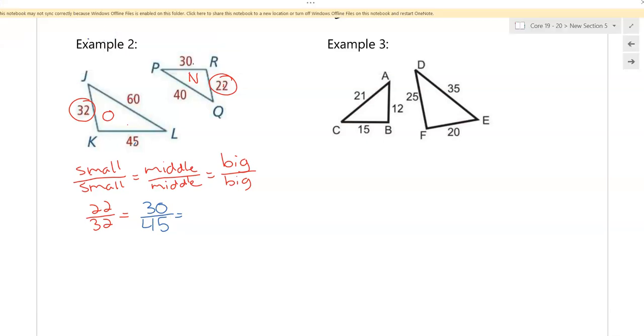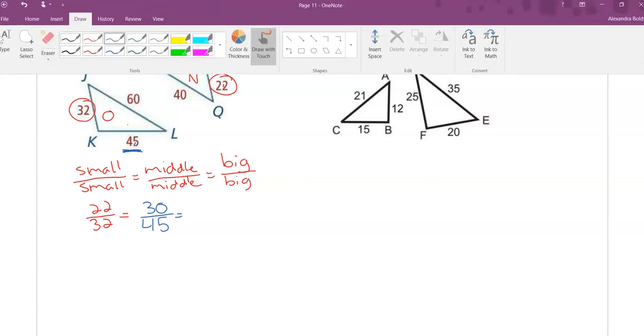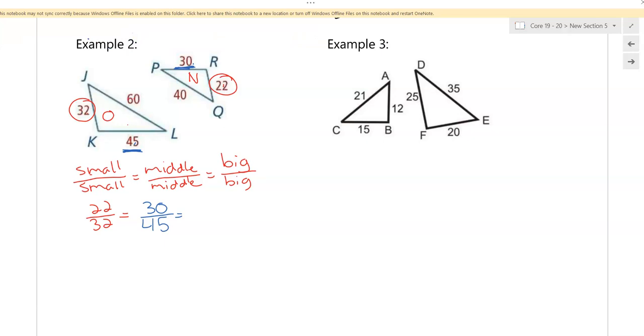Making sure I underline those, right? And again, this really helps me know which sides I've already used, and it helps me when I'm deciding the order of my letters. And then my biggest side is 40, and my biggest side here is 60.